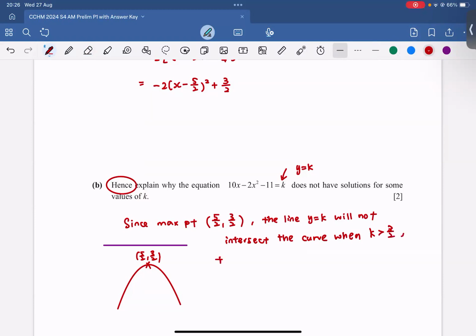Therefore, there is no solution for some value of k. Okay, so use maximum point to explain this. Okay, instead of solving it, because they say hence so you have to use maximum point, because that's what is the advantage of your completed square form.